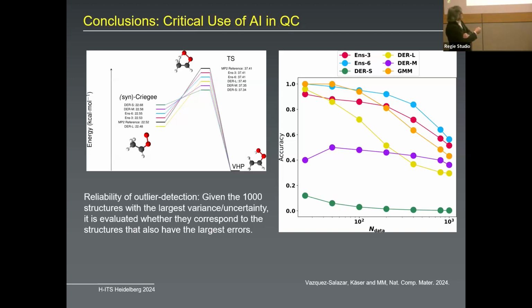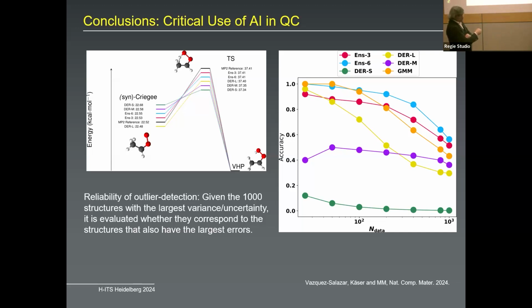And these lines here tell us how many outliers, how many badly performing structures in a pool of data are found if you are looking for the top 100 or top 1000 badly performing.